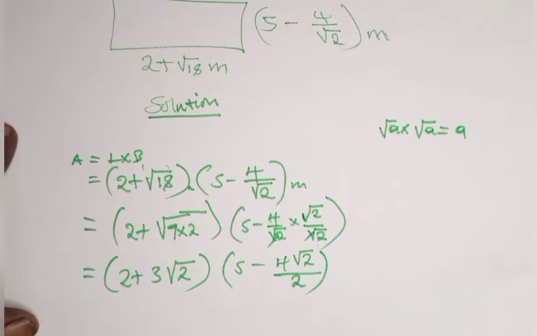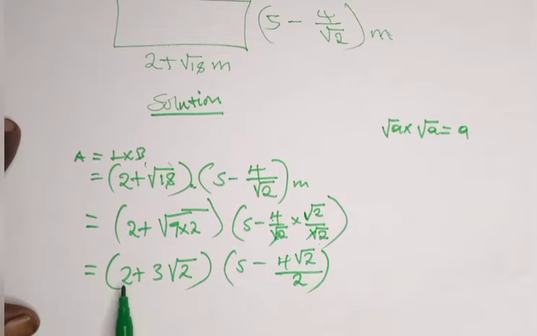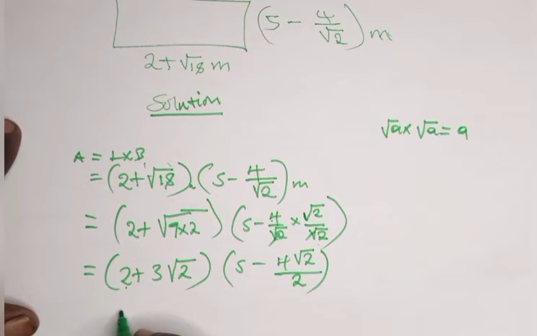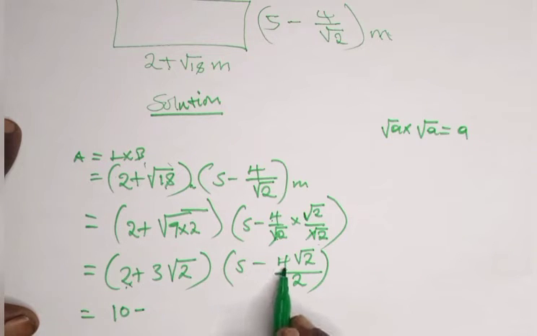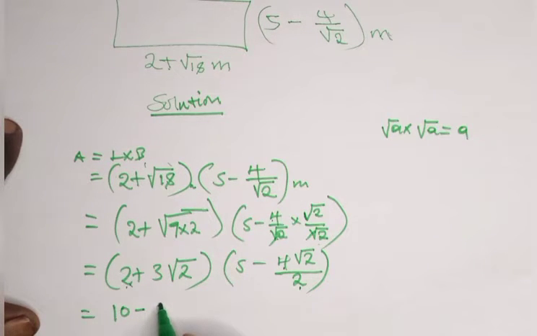Then let's expand more. 2 times 5 is 10, minus 2 times 4 which is 8, divided by 2, it will be 4, so 4 root 2.